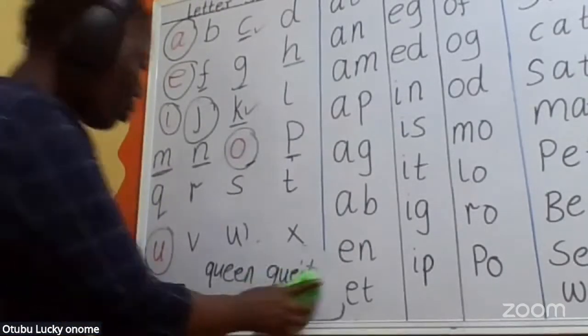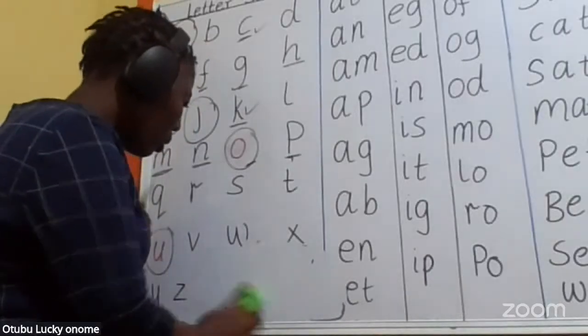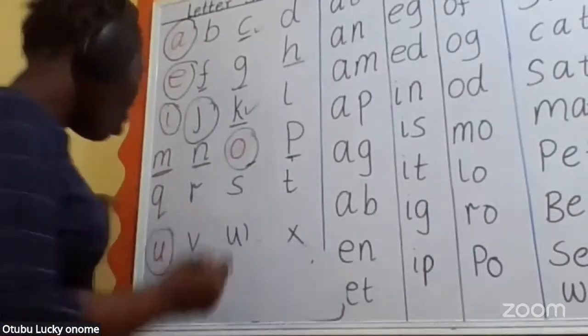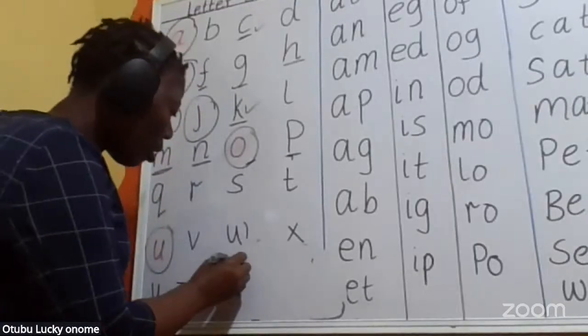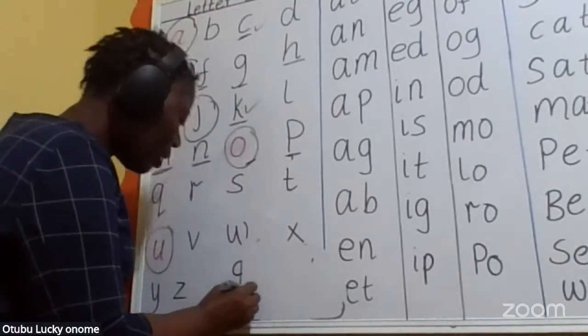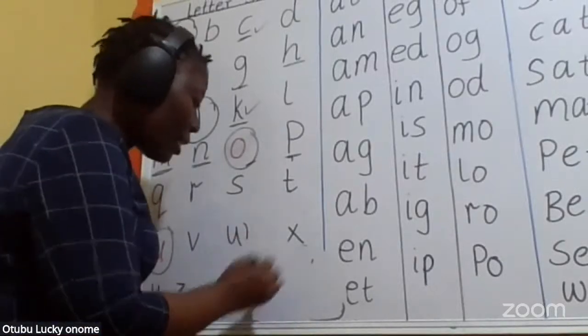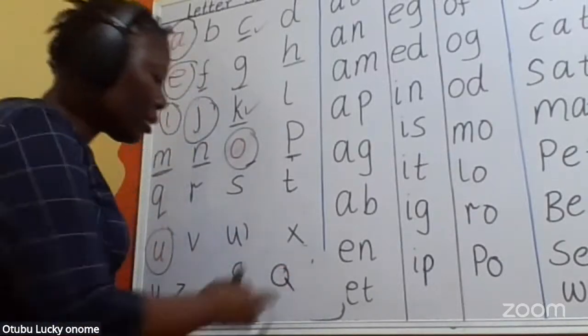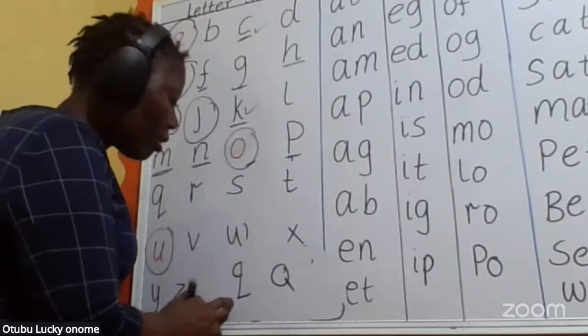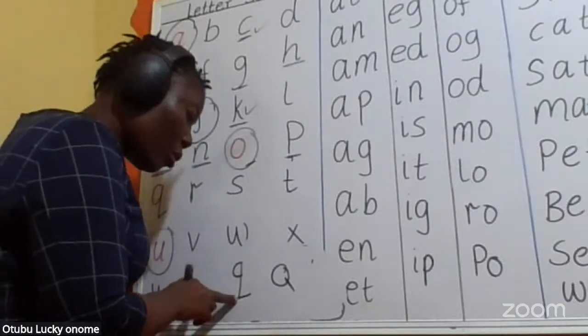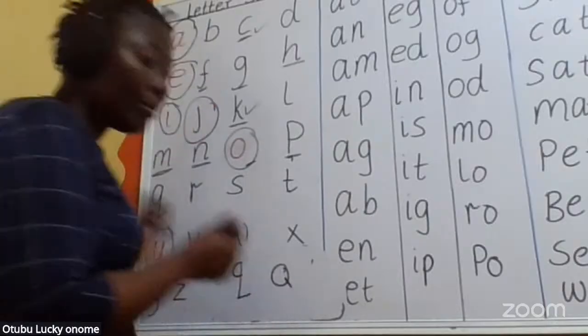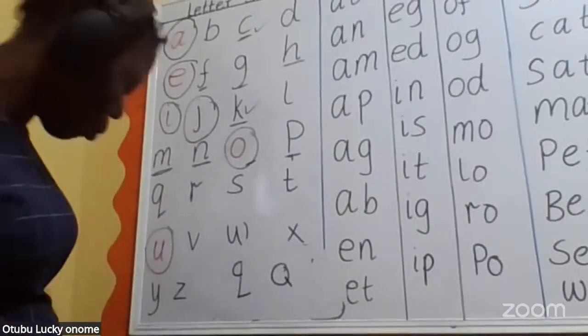And then this is how to write it: we have a curve and a slant line. For uppercase we just do this, and this is lowercase, or as well known, small letter, and capital letter.